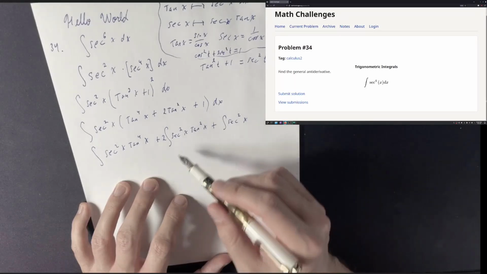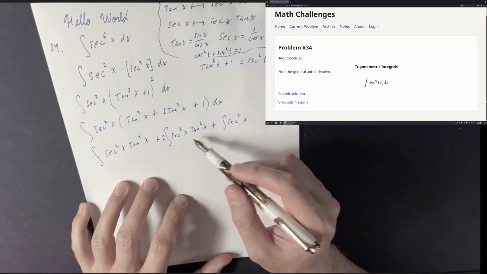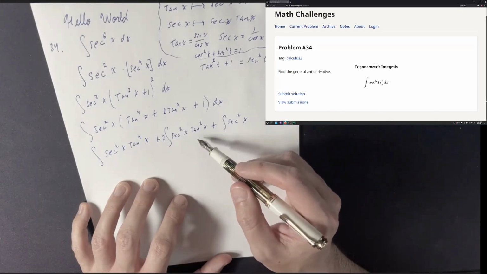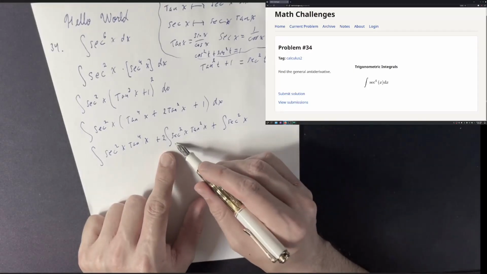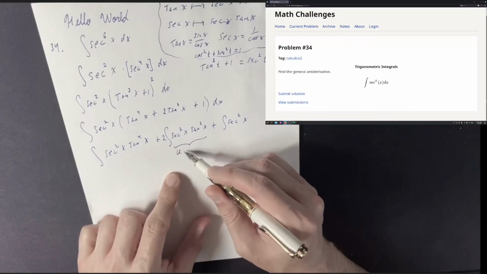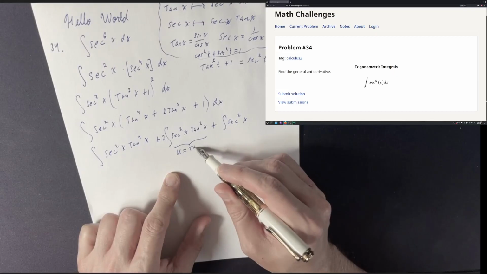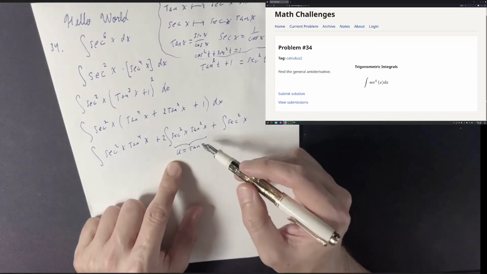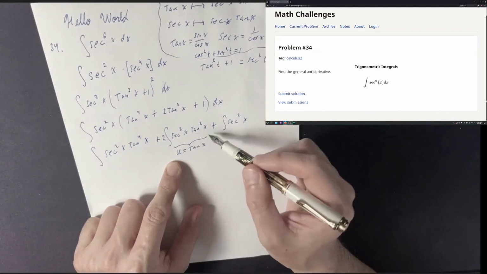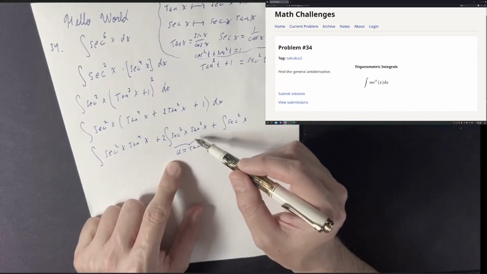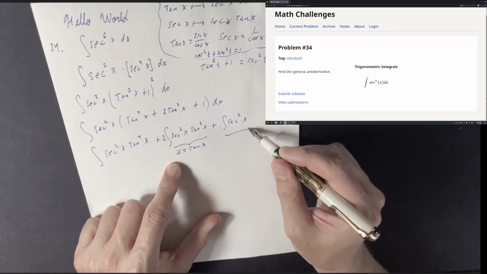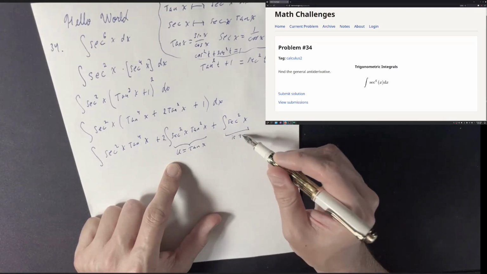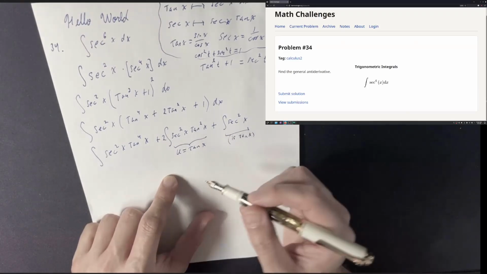So what I was muttering before is I can't really let u be secant tan. Although, you know what I could do here? This is just a u substitution. If you take tangent, the derivative is secant squared. So I'm looking at a multiple of the derivative just sitting right there. So that's going to work out. This one, of course, is obvious. This one just equals tangent.